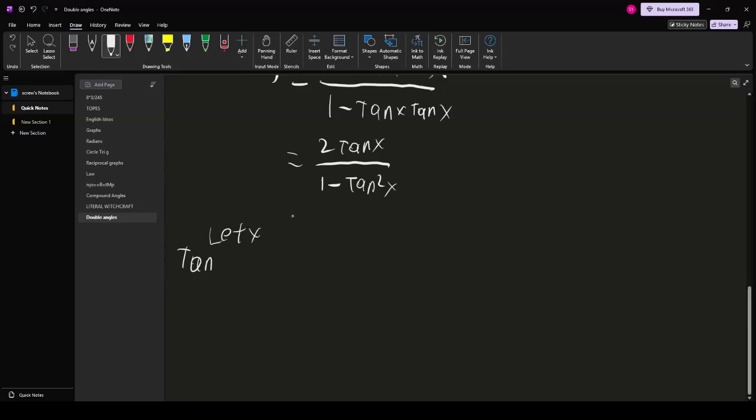Let x be theta, because I'm not writing that every single time.